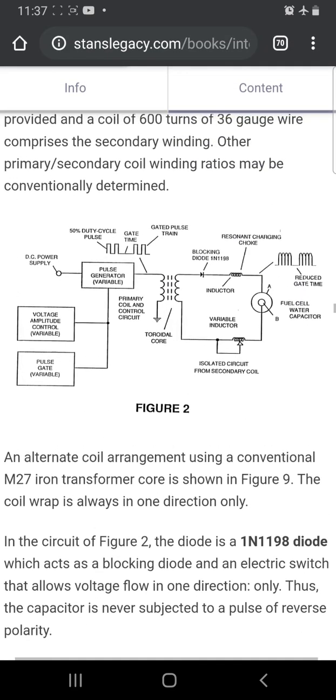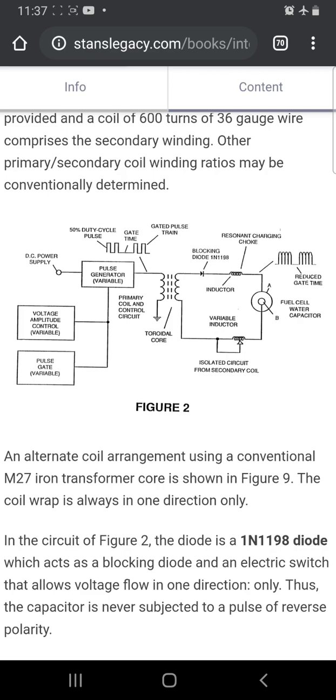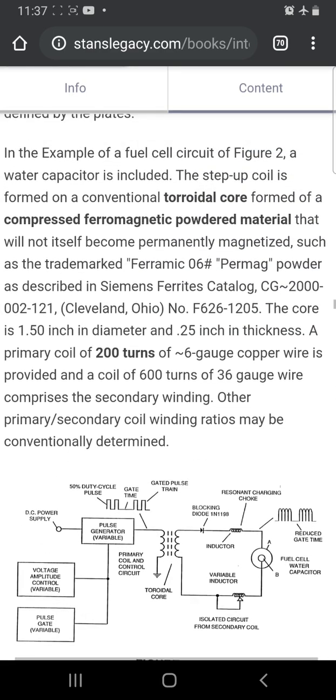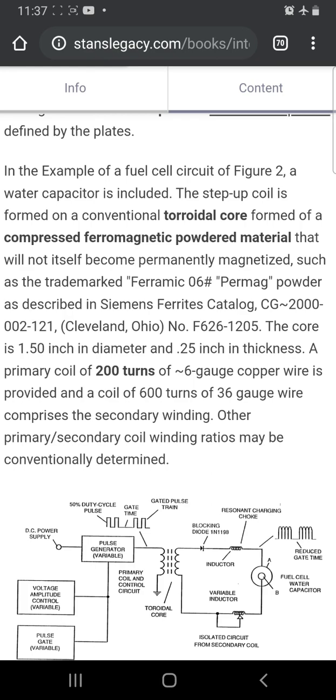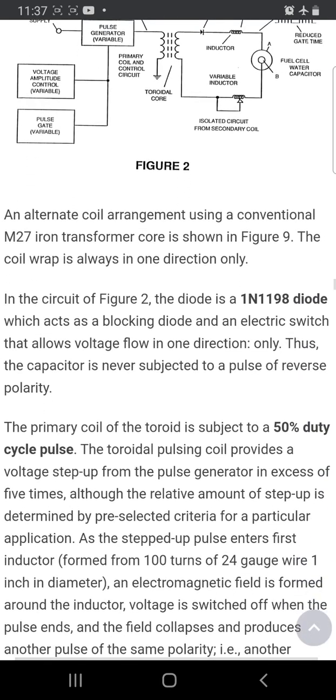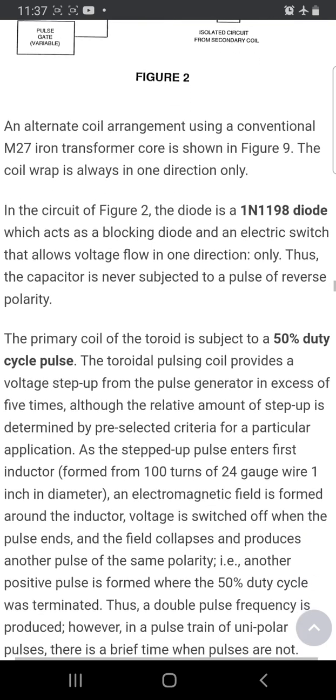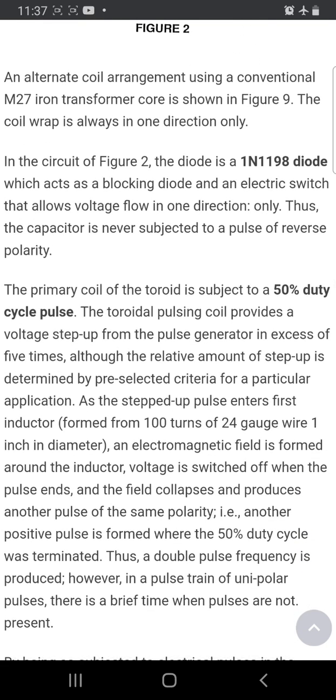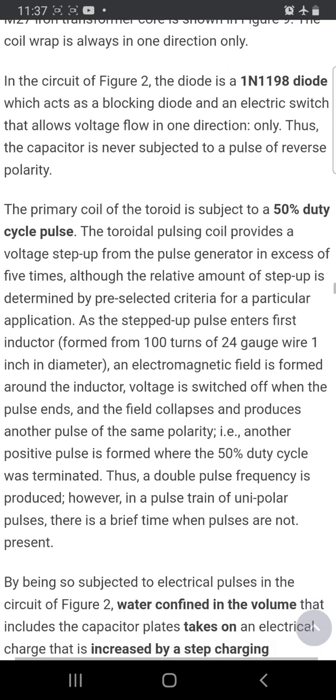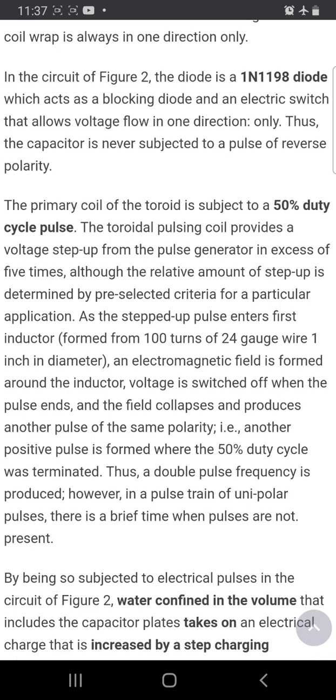It tells you what kind of transformer to use: 600 turns on the secondary, 200 turns on the primary, 5-to-1 step-up ratio. Yeah, so we can use that information as we think about what's being described here. But here we go: the 50% duty cycle was terminated, thus a double frequency is produced.